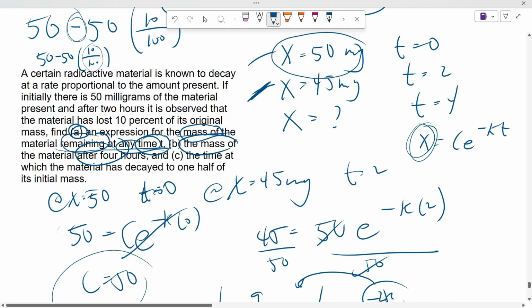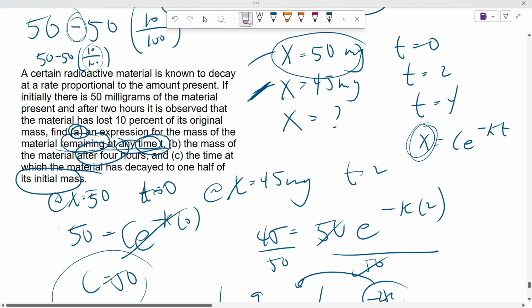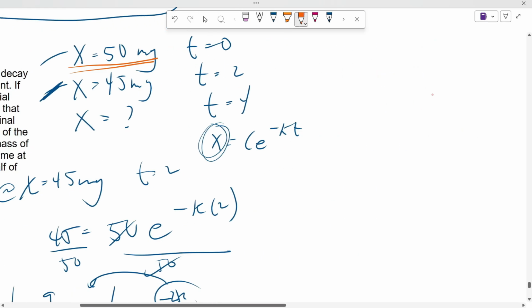So the letter C is the time at which the material has decayed to 1/2 of the initial mass guys. Gets ba yun? Ibig sabihin, anong oras daw kung saan yung initial mass natin which is 50. Initial mass is 50 at what time? Ganito lang yun guys.